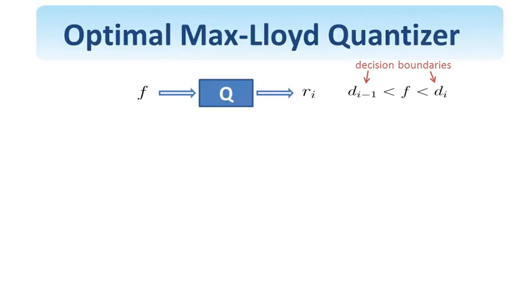We show here again a scalar quantizer with f representing the input signal with continuous amplitude values or intensity values, and r_i representing the reconstruction levels, while d_{i-1}, d_i are the decision boundaries.